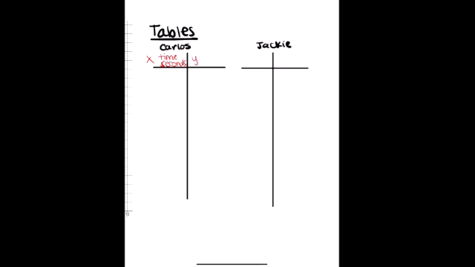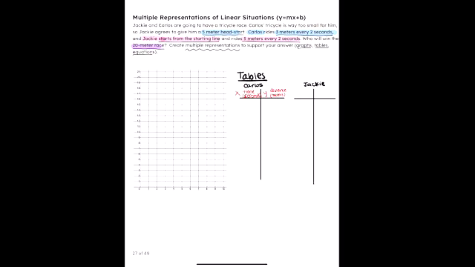And y is going to represent the distance in meters. So first they tell us that Carlos, oops, I just realized I made that all the wrong color. That's okay, I can fix it. There we go, Carlos was blue.